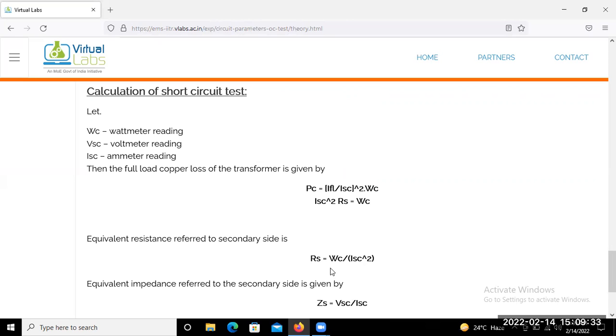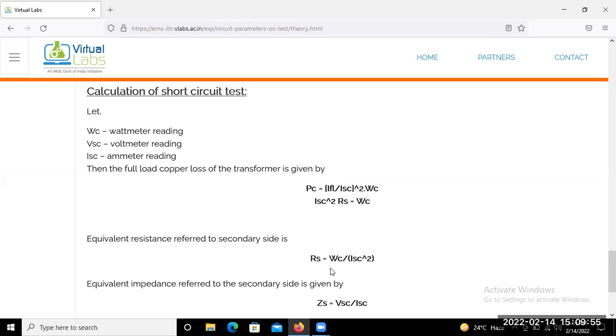So we are able to find the reactance value. How can we find the reactance value? The reactance value can be found with these two values, impedance and resistance. That means reactance equals the square root of how much?